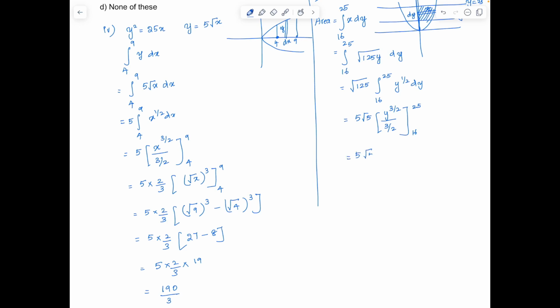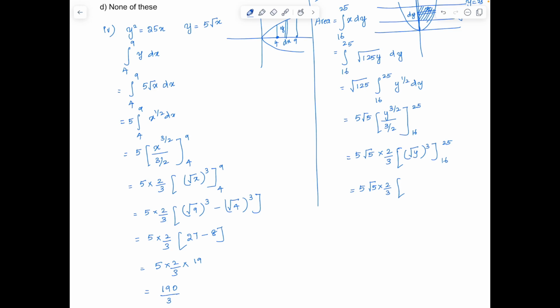5 root 5 into 2 by 3. Now let's rewrite y power 3 by 2 as root y to the power 3, limits 16 to 25, which is 5 root 5 into 2 by 3.